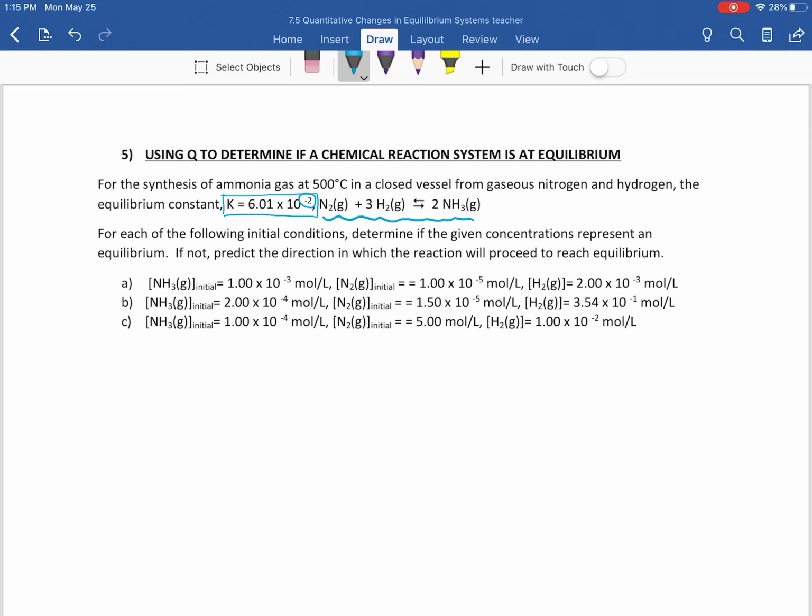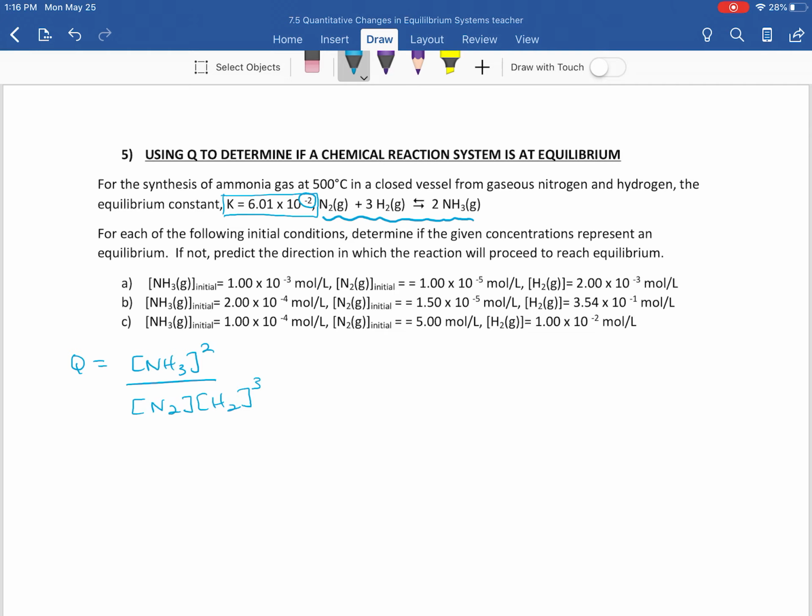We're going to see if the given concentration is at equilibrium, and if it's not, we're going to see which way it's going to go, forward or reverse. So for A, my Q for this system is products over reactants. So you don't need to do ICE tables or anything because you've got everything here.